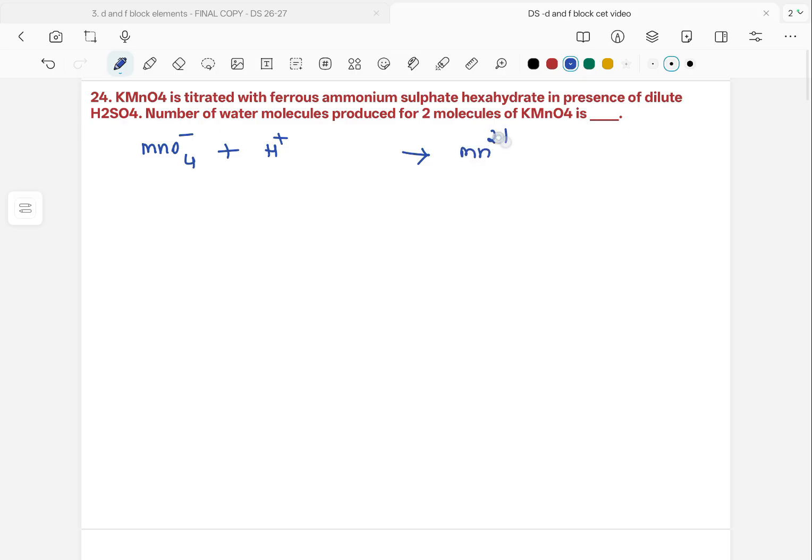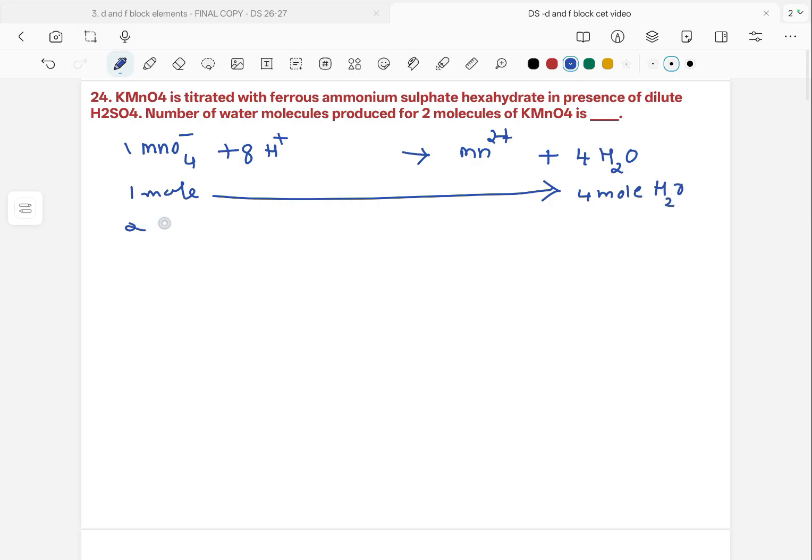When we balance the atoms here, there are 4 oxygens, so I will add 4 H2O molecules here, and 4 twos are 8 H plus here. Meaning 1 mole of permanganate is producing 4 moles of water. If it is 2 moles of permanganate, then water molecules will be 8. So the answer should be 8 here.